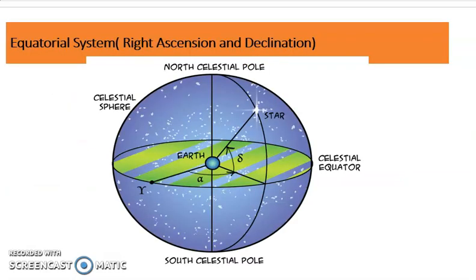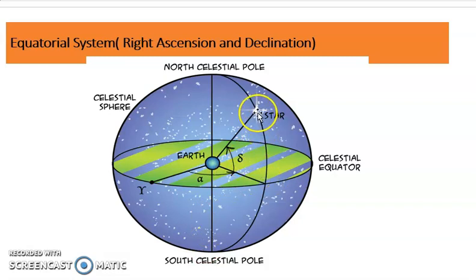And now we can go to the second system, which is called the equatorial system, which is with respect to the celestial equator. That is why it is the equatorial system. The two coordinates are right ascension and declination. Now we have drawn the celestial sphere slightly turned such that the celestial equator becomes the horizontal plane, and these are the north and south poles.